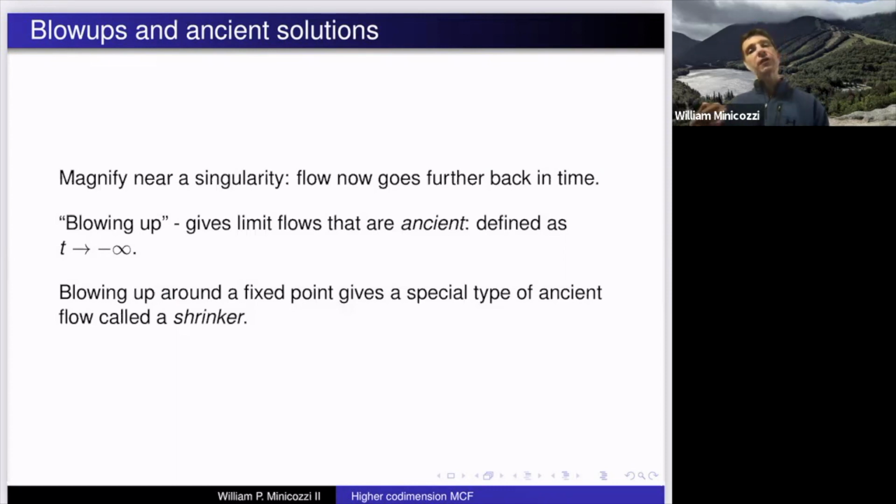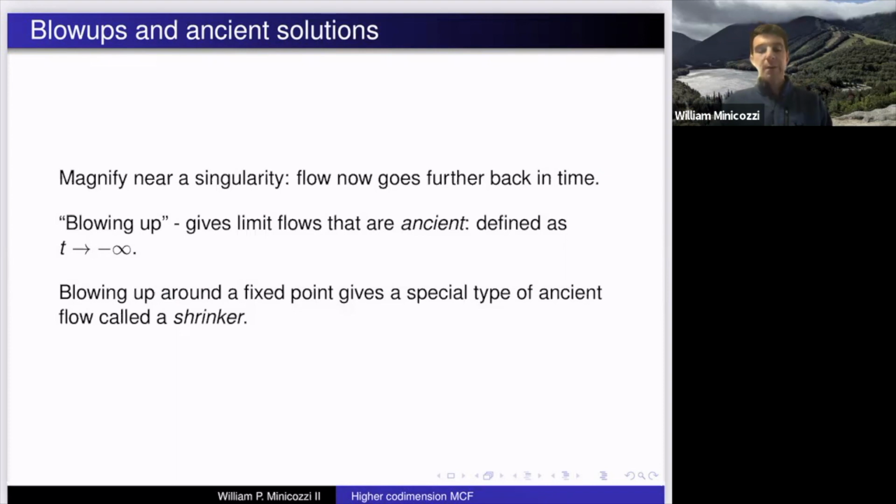Okay, so just like if you blow up a singularity of a minimal submanifold, you now get a complete minimal surface, if you blow up at a singularity of a mean curvature flow, you get what's called an ancient mean curvature flow. It's defined all the way out to time minus infinity. So if you want to understand what these singularities look like, or what the flows look like near a singularity, what you want to understand are these ancient solutions.